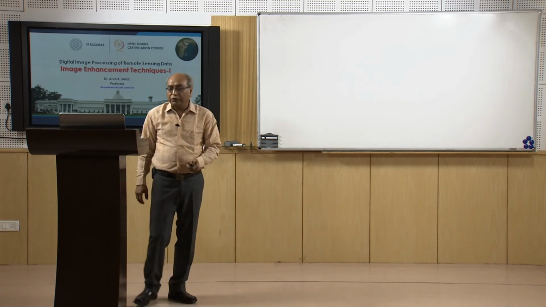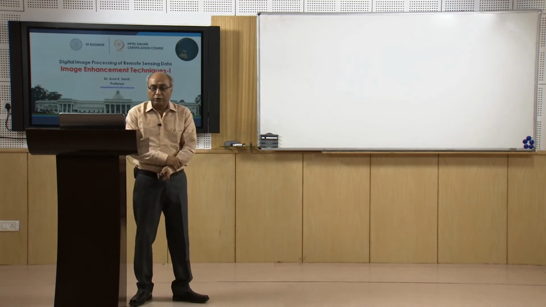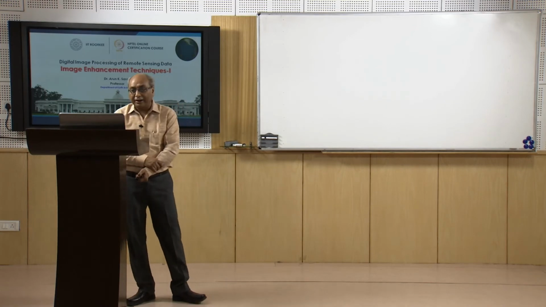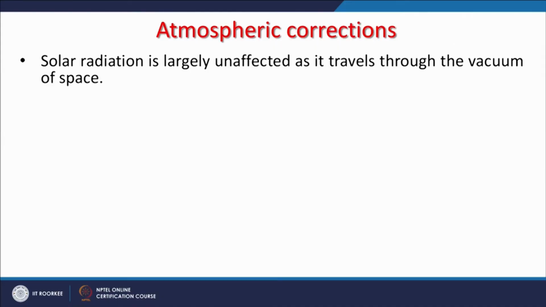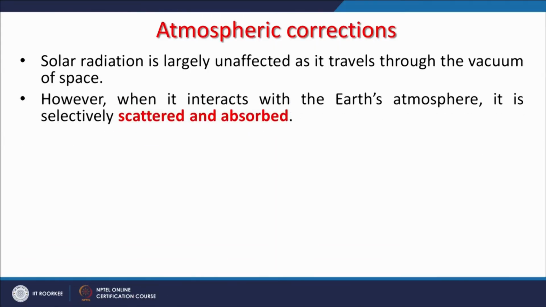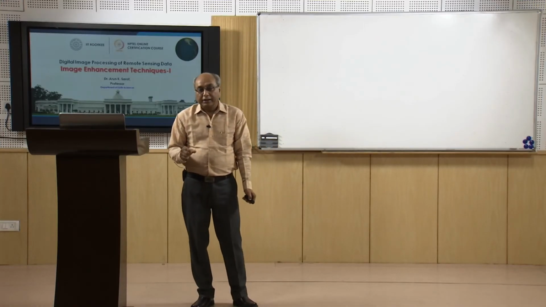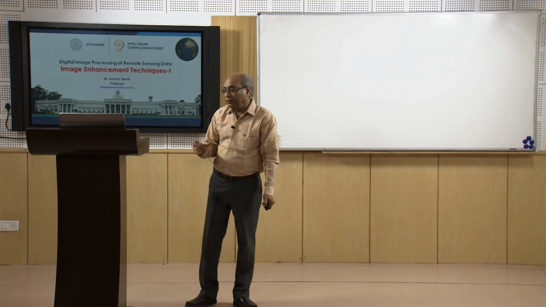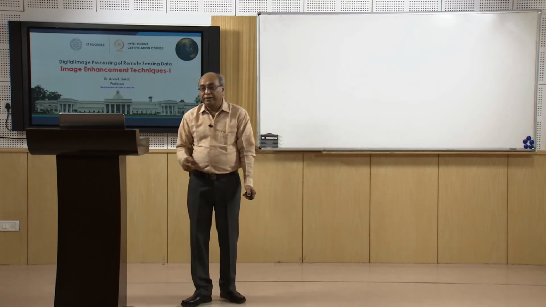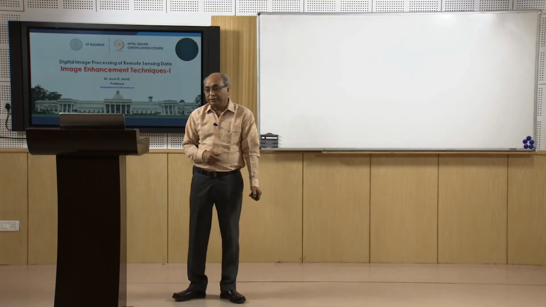Now atmospheric corrections, because we know that solar radiation is largely unaffected as it travels through the vacuum of space. However, when it interacts with the Earth's atmosphere, it selectively scatters and is absorbed. Why selectively? Because in different parts of the EM spectrum, the behavior is different, and therefore the word selectively has been used.